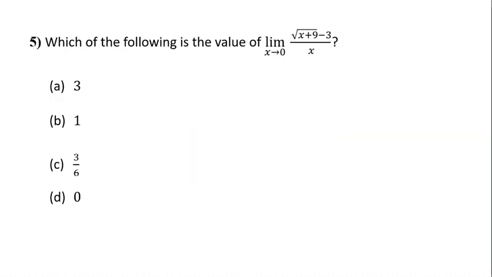Okay, which of the following is the value of this expression here? We have a polynomial and a square root expression here, and as long as, when you put 0 inside here, you get a number very far from 0, it's okay. In general, if you have a square root, you can put in this number, but the important thing is that when you put 0 here, it has to be very far from 0.